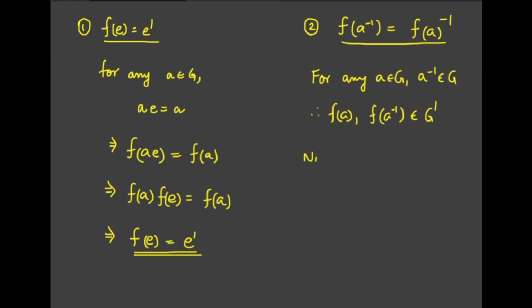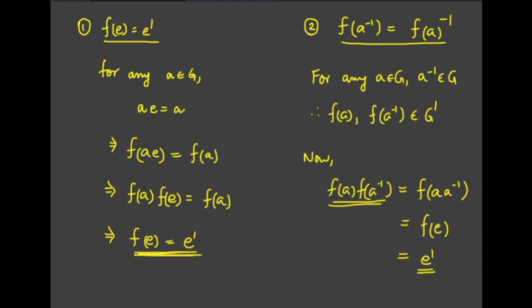And now, f(a)f(a⁻¹) can be written as f(aa⁻¹), right? Because f is a homomorphism. But aa⁻¹ is the identity. But from here, the first property, we know that f(e) is e'. So f(a)f(a⁻¹) is e'.